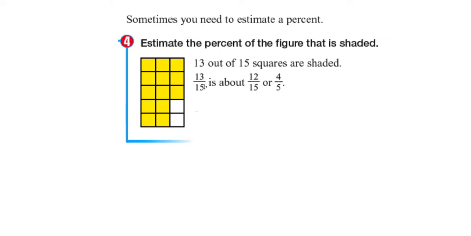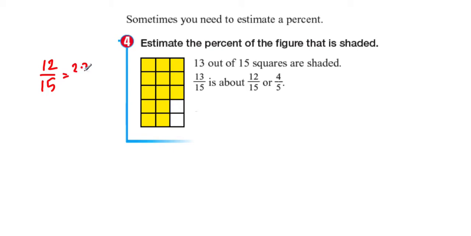We want to find a number that we can simplify so that we can use our table. 13 is close to 12, and we can simplify 12 over 15 using prime factors.